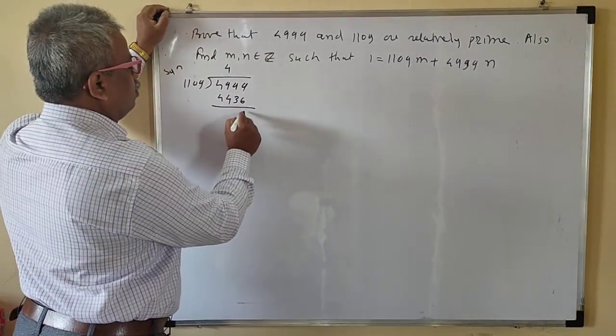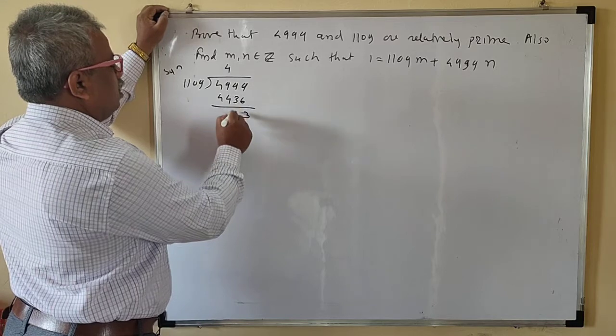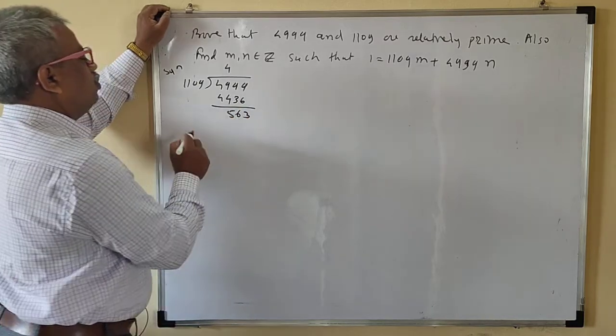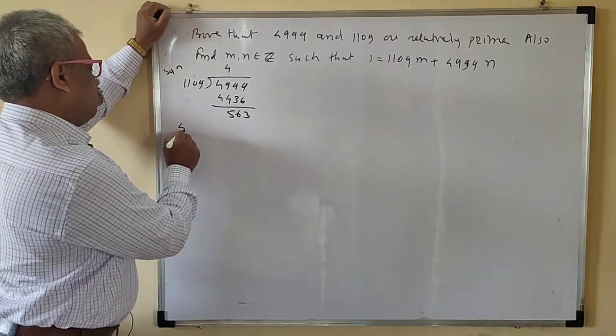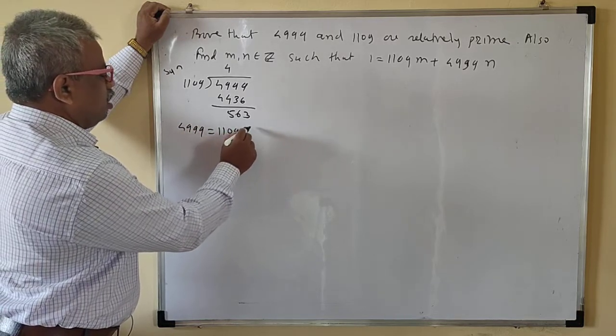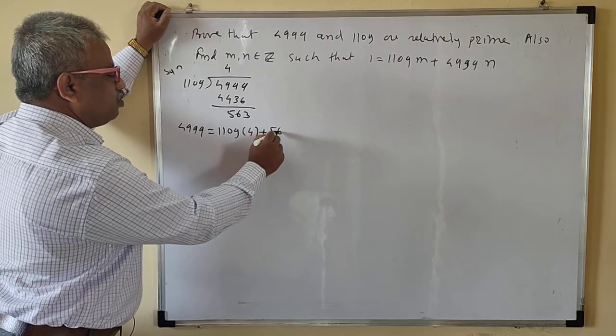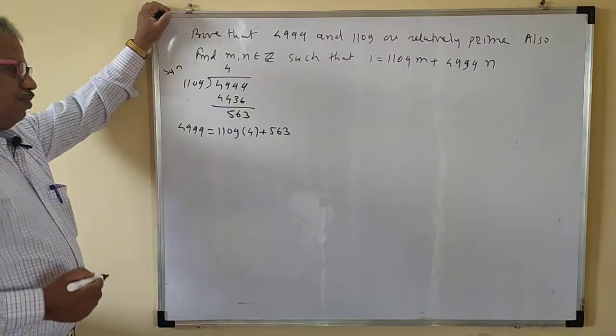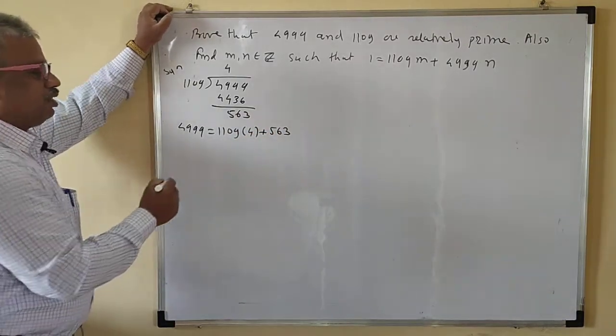So we do this one. So 4999 is equal to 1109 into 4 plus 563, right? So this is the remainder 563.